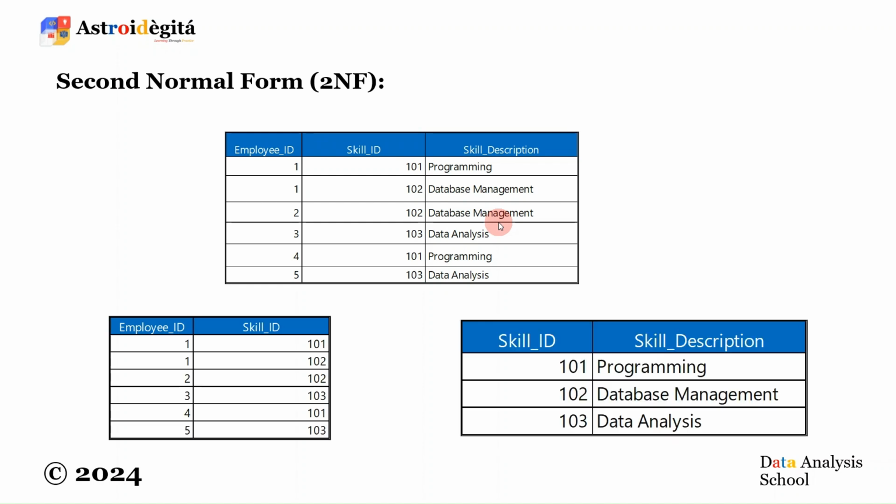Let me quickly show you this. Now, I have split this into two. This to my right is the skill table, which contains two columns: the skill ID, which serves as the primary key, and the skill description column. Then we now have the employee skills table to my left with what?